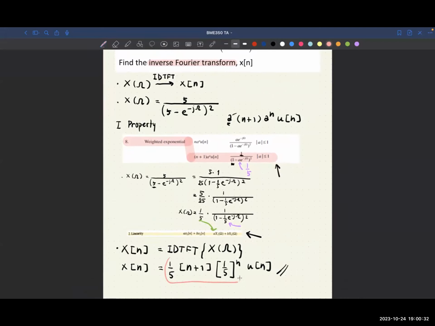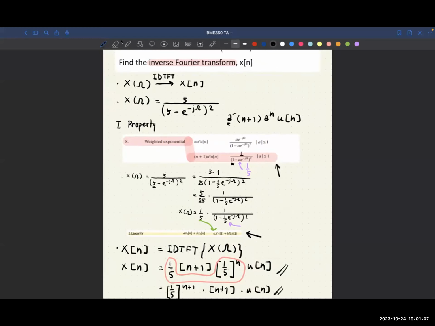So Isabella multiplied these terms together. That's nice, Isabella. What we will get in the end is 1/5 to the power of n plus 1, nice Isabella, times n plus 1, times u[n].